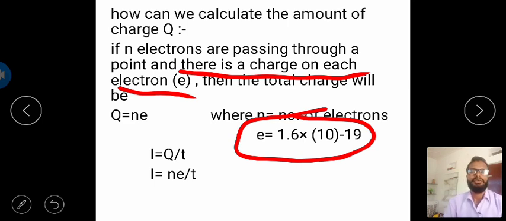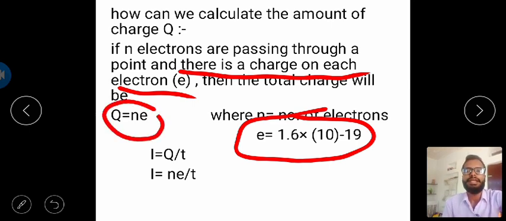So if the total number of electrons is given to us as n, and the charge on each electron is given to us, which is e, then we can calculate the total amount of charge which is equal to ne. And we all know that I is equal to charge upon time.